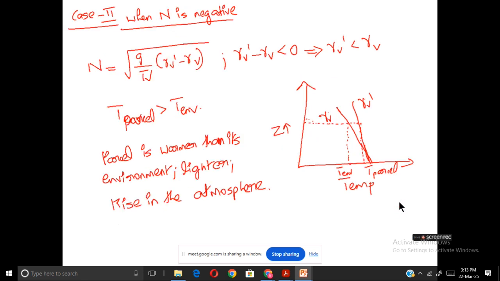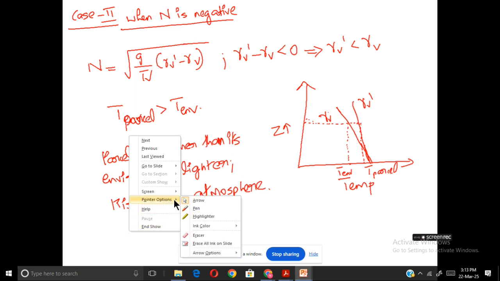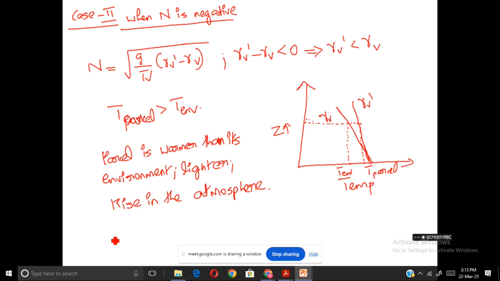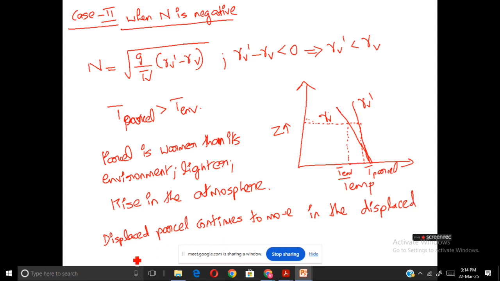That is the condition for the stable case, whereas in the unstable case, when n is less than 0, n is imaginary, it is seen that the displaced parcel continues to move in the displaced direction. So that is the second case.